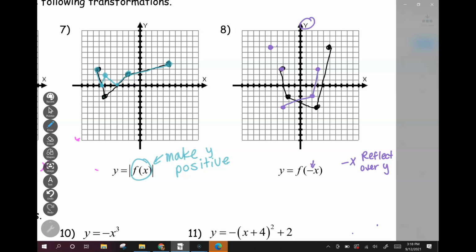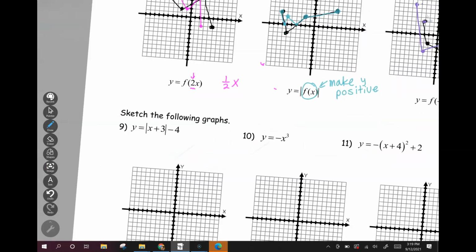Okay, and then we can just sketch the graph. If the negative had been outside of the f, like this, then that would reflect over the x-axis. You would be changing the sign on all of your y values, and it would reflect over the x-axis.